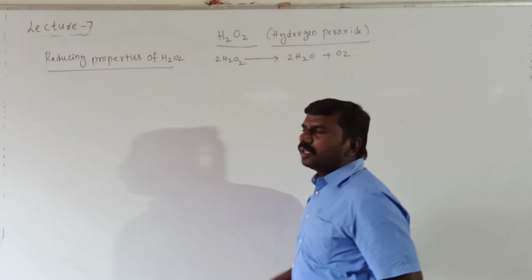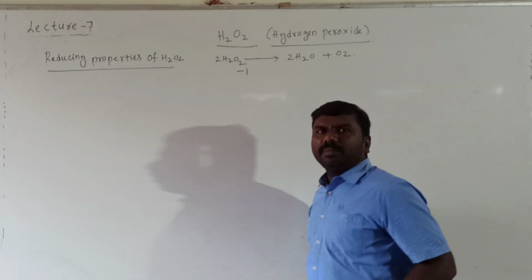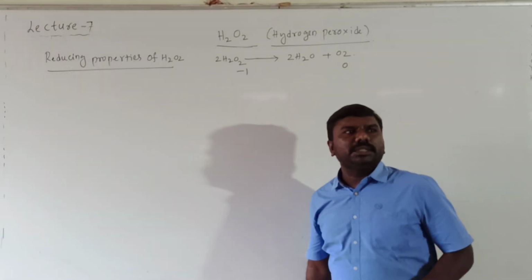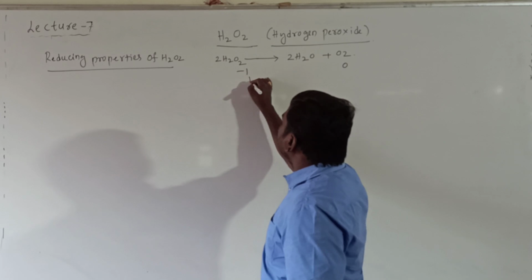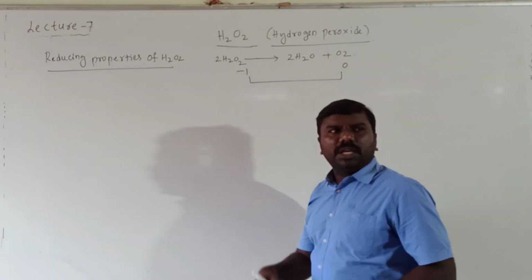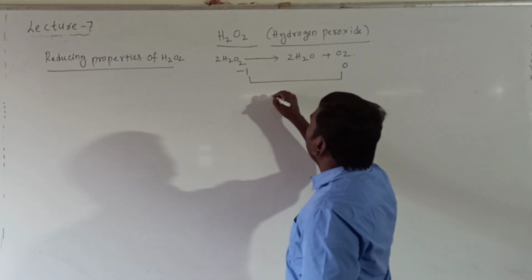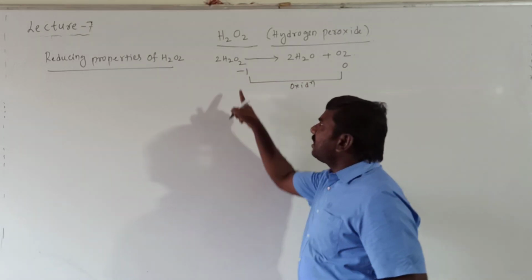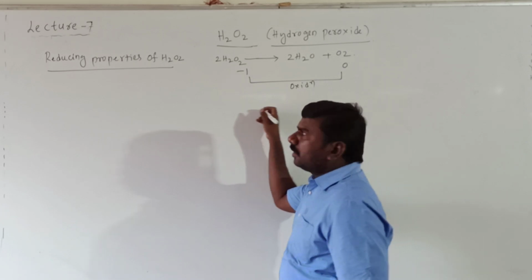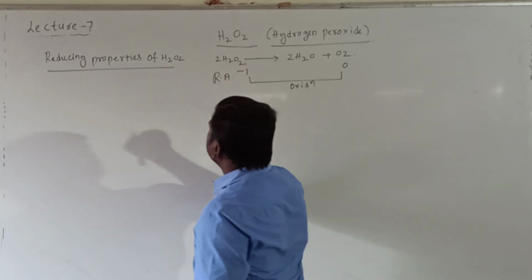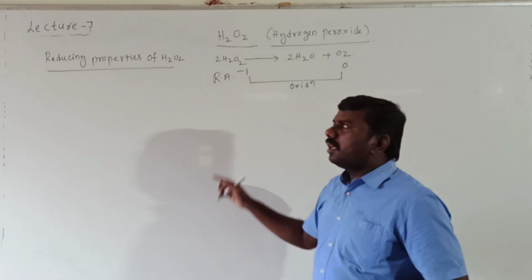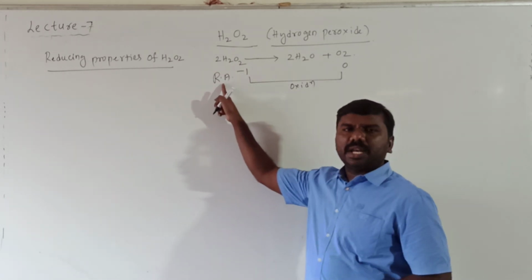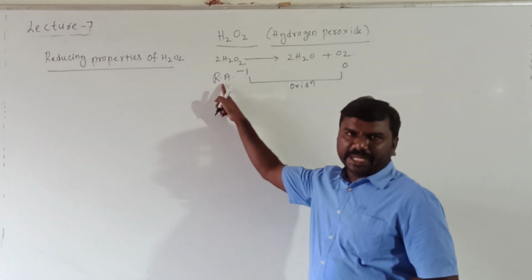Observe carefully. Oxygen is -1 because it is a peroxide. Here oxygen will be 0, it is in elemental state. -1 to 0 means an increase in oxidation state. It is called oxidation. It is itself involved in oxidation, but acting as which agent? It is a reducing agent. Itself involved in oxidation, hence it is a reducing agent or reductant.